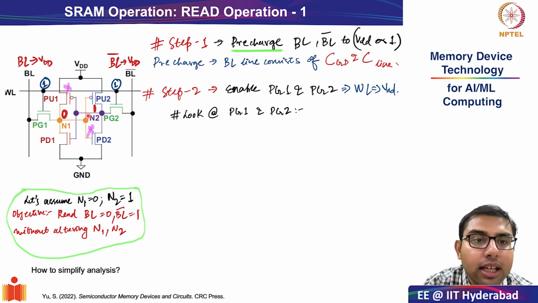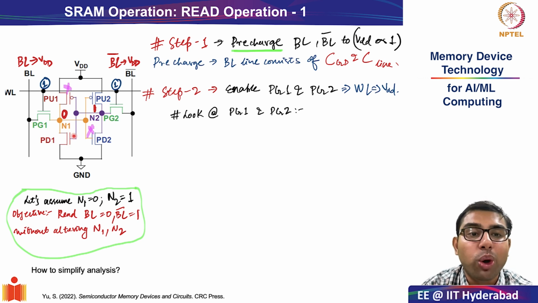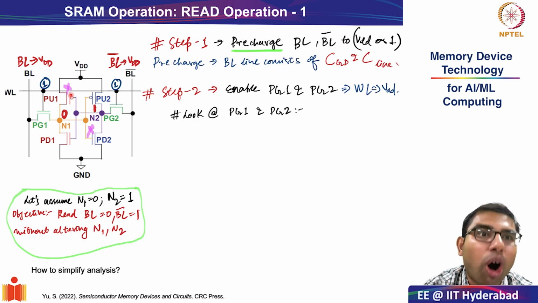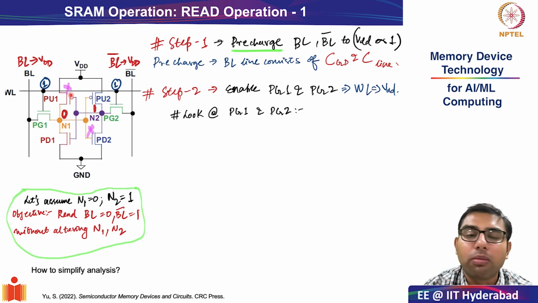Why is this the case? This is because look at the first inverter, the pull up 1 and pull down transistor. What is it connected to? It is connected to storage node 2. The value at storage node 2 is 1. As a result, the pull up transistor, which is a PMOS, will be off or deactivated. Okay.